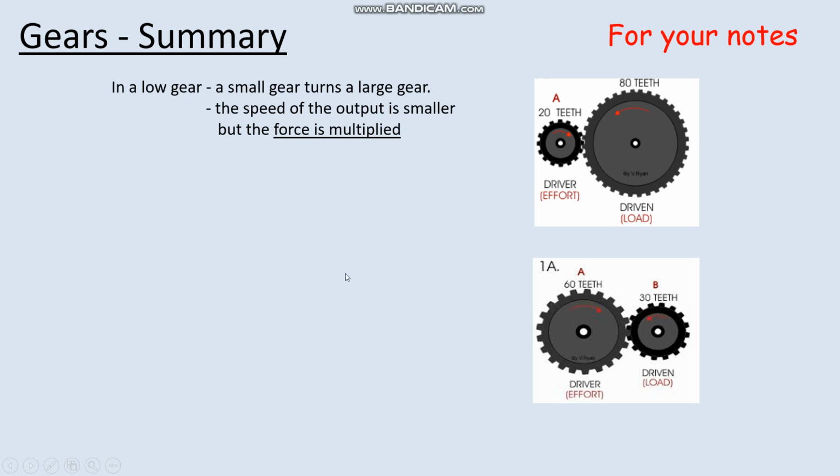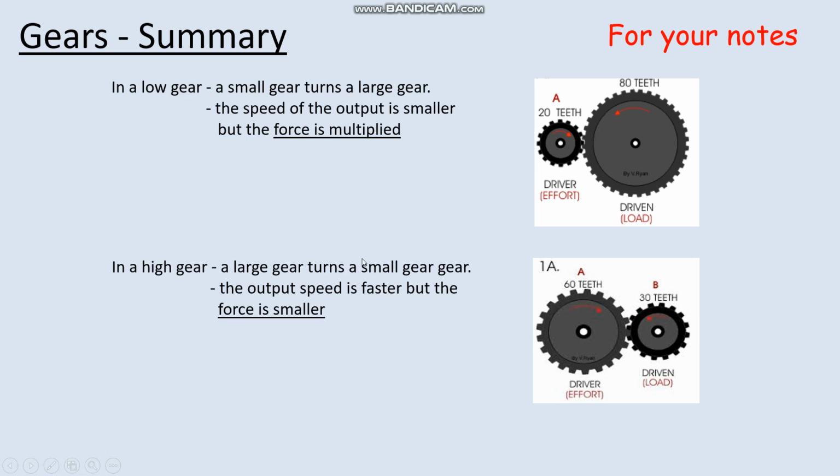So our turning force is effectively multiplied. In a high gear, you've got the opposite situation where a large gear turns a small gear. This time, the output, the driven, is much faster than the driver, but you lose that advantage of having that greater turning force.